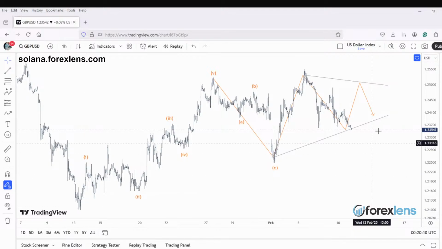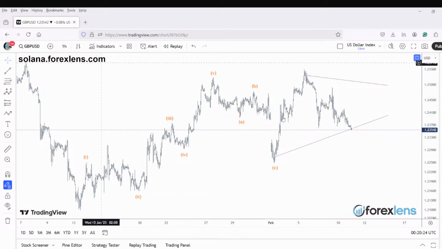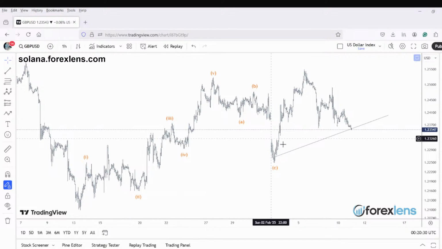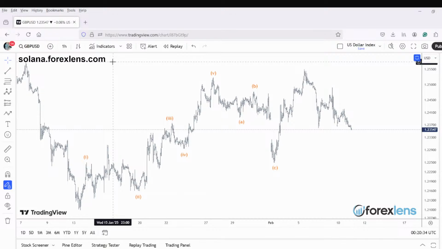But if it's really a triangle unfolding, then prices would stay above 1.2250 for sure. And that's the objectivity we get when we are doing the waves. If certain levels are breached, then it's confirming that this count is ruled out, and you better start looking towards the alternate count.